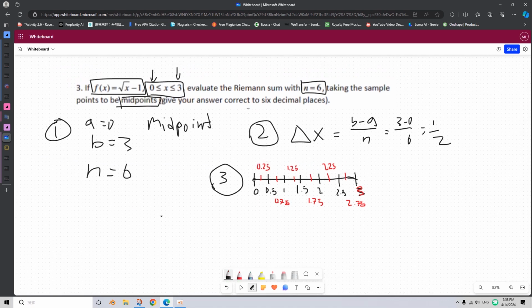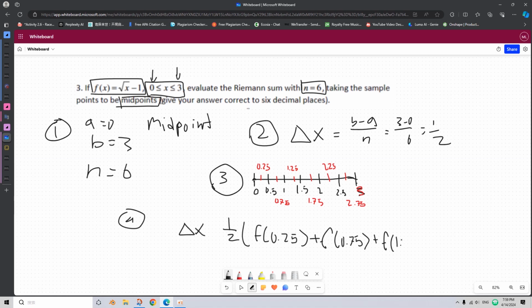So we just put the formula down. Fourth is you just get the solution. So this is already given, so we solved it, so it's 1 over 2 brackets f of 0.25 plus f of 0.75 plus f of 1.25 plus f of 2.25.